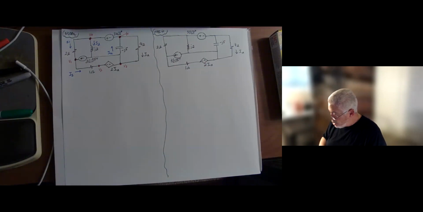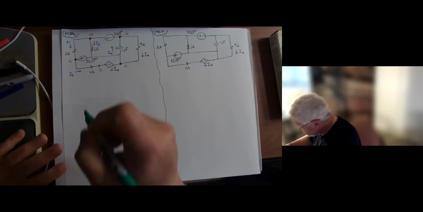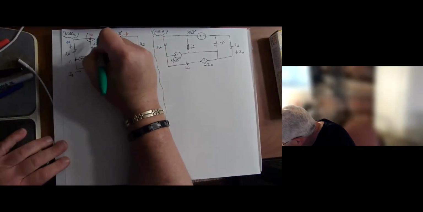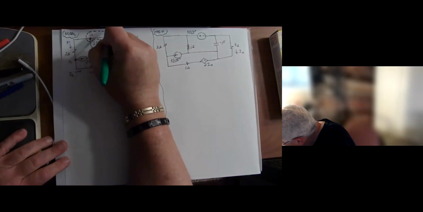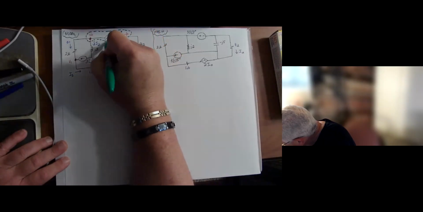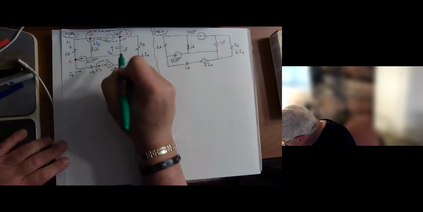The last step we do in terms of preparation, we draw supernodes about the voltage sources. Okay, so there is a voltage source, and then this is a voltage source too.